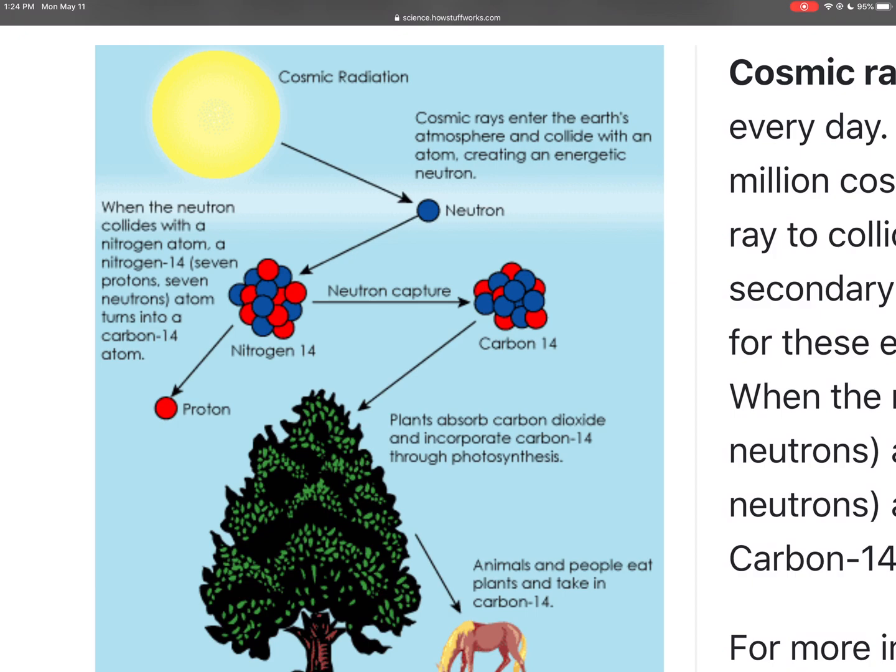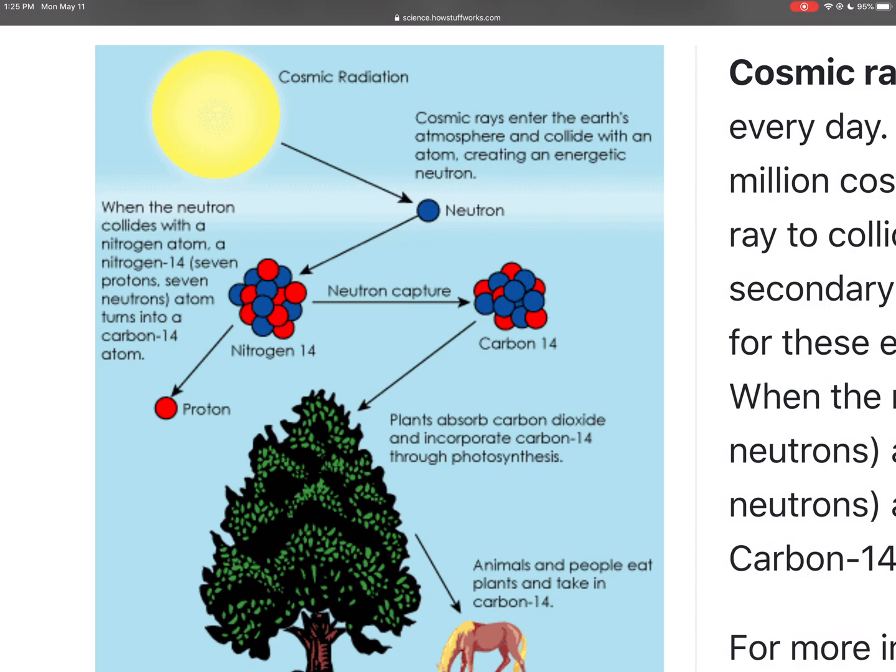I remember going to Science World, and they have a display where you can actually see cosmic rays hitting something that can detect them. Now, these cosmic rays, when they collide with certain atoms, can cause an energetic neutron to bump a neutron out of the nucleus. You could think of it as something bouncing around.